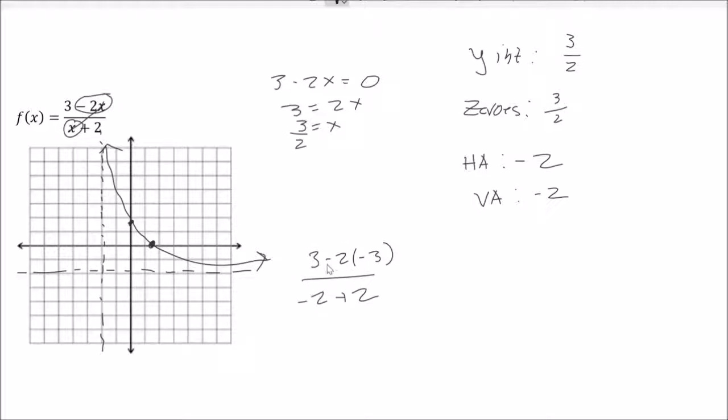Looks like that would be 3 plus 6. And it looks like I made a mistake. That's supposed to be -3 over -1. So that would be 9. And what that tells me, and y'all, it doesn't matter that I get the exact right point. The purpose of this is to tell me, is my graph up here or down here? Okay, it looks like it's below the asymptote. So there we go. And my sketch is done.